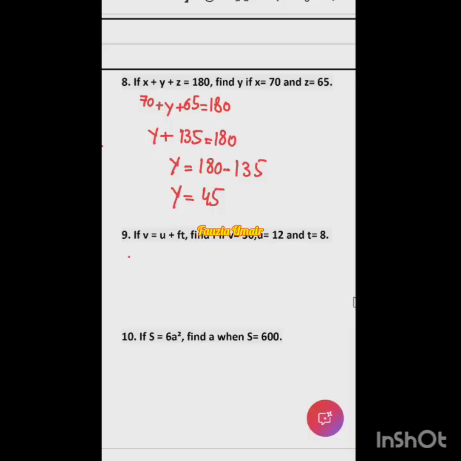Very good. So now we will put the values. We need to find out f. So v is 36, u is 12 plus f multiplied with t is 8, right? So now we can just write it down. This 12 is plus on this side of the equation. On the other side, it will be minus.